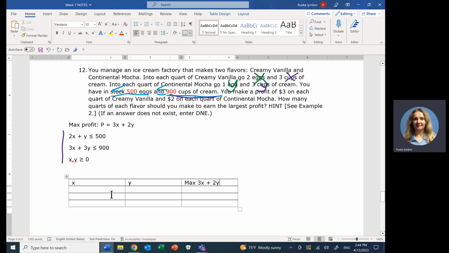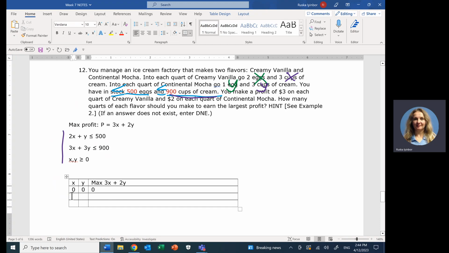This is where you're going to plug it in to see which one is the biggest number. We're going to use 0, 0. Of course, that's going to be the minimum. When you plug in 0, 0, the answer is going to be 0.